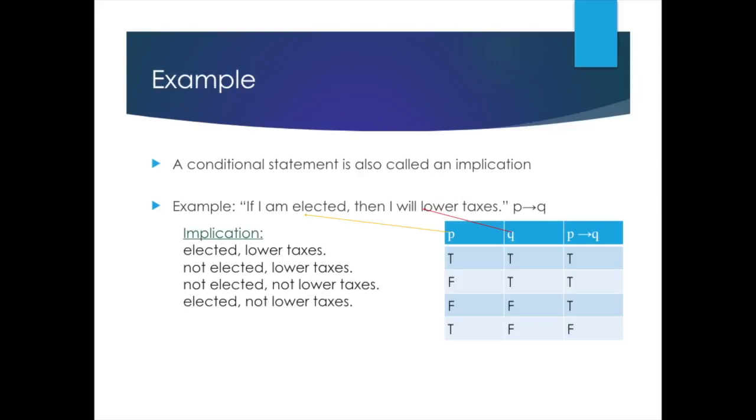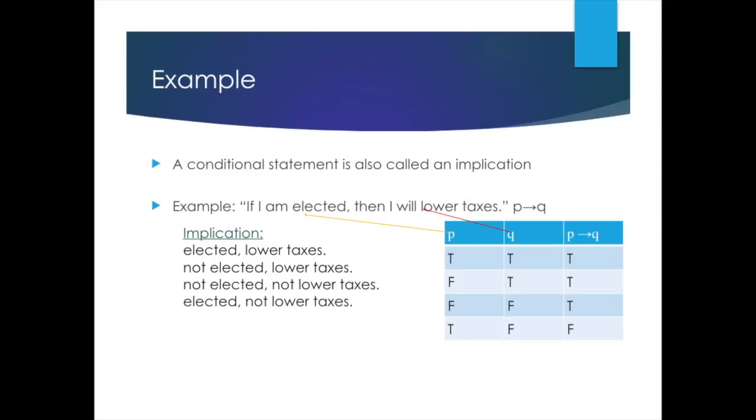The first row is the implication: I am elected is true, I lowered the taxes is true, so the outcome P implies Q is true. So the hypothesis was true and the conclusion was true.